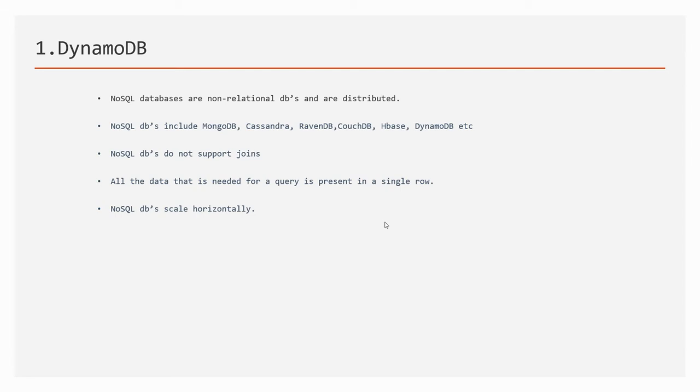It appears to be "I don't want any SQL", but it is "not only SQL", and it is a non-relational database. So what does a non-relational database mean? There is no relationship between the tables, just like we have in RDBMS. There is no parent-child or foreign key or anything like that in here, and there are no tables.